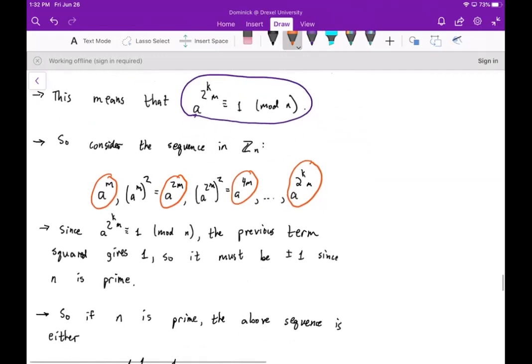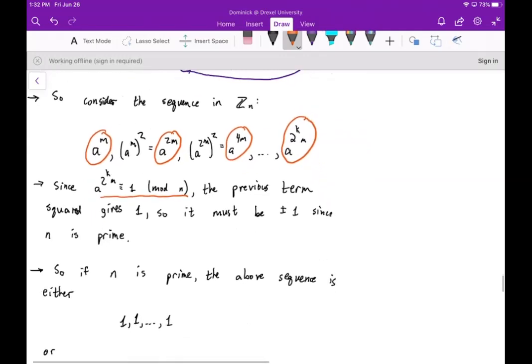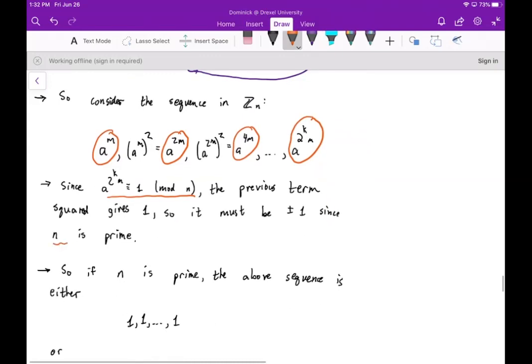Now, since a to the 2 to the k times m is congruent to 1 mod n, the previous term squared gives us 1, so it has to be plus or minus 1. And of course, this is because we're choosing n to be prime.